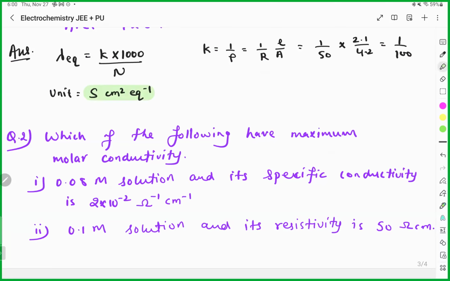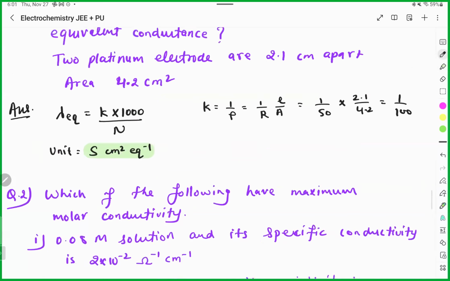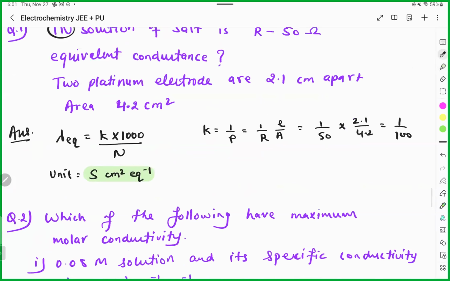Here, if you convert, see the thing is here. This is centimeter. This is centimeter square. So it will be per centimeter, correct? Then you have to convert into meter, and you know 1 meter is equal to 100 centimeter. So we got this per centimeter, right? Yes, sir.